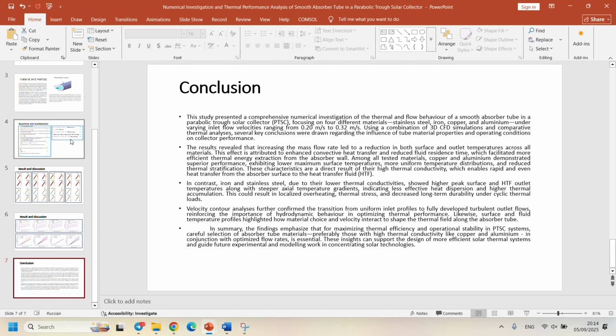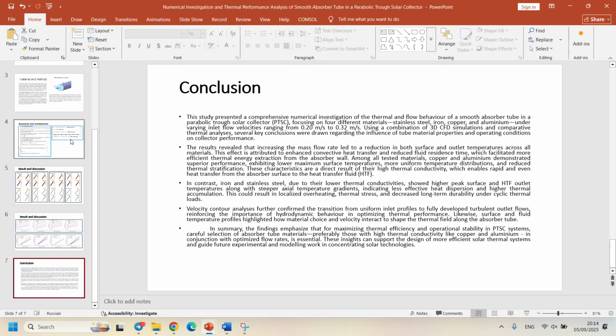And result revealed that at different mass flow rate, the surface temperature variation is observed higher with the stainless steel receiver tubes, while the minimum surface temperature variation of receiver tubes is observed with the copper one.